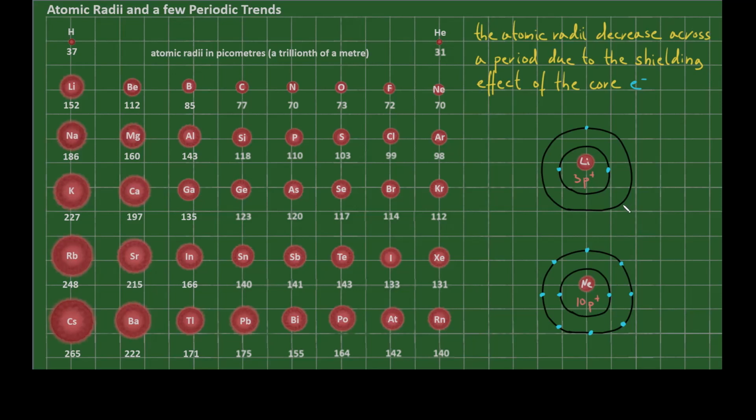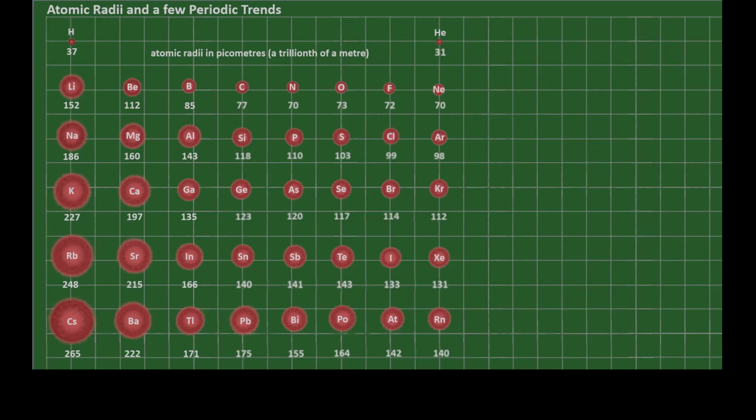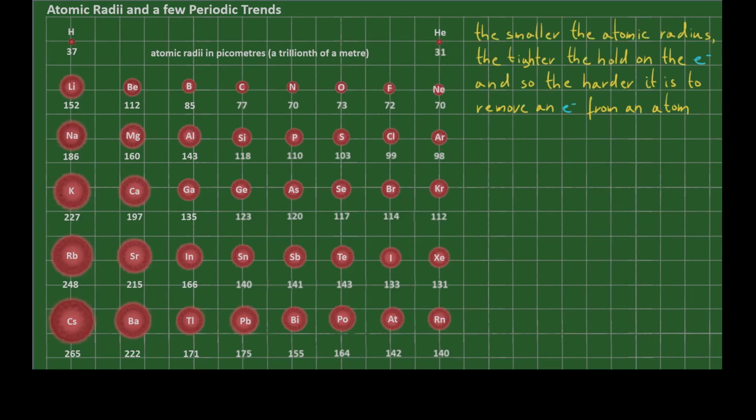There is one more point I would like to make. The size of the atomic radii can be used to explain certain behaviors of atoms. The smaller the atomic radius, the tighter the hold on the electrons, and so the harder it is to remove an electron from an atom. For example, let me look at sodium here on the left and chlorine here on the right.